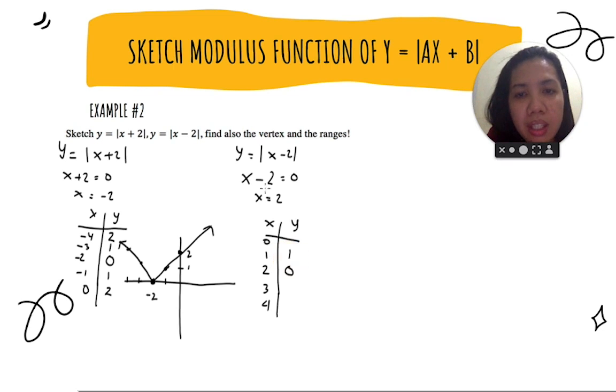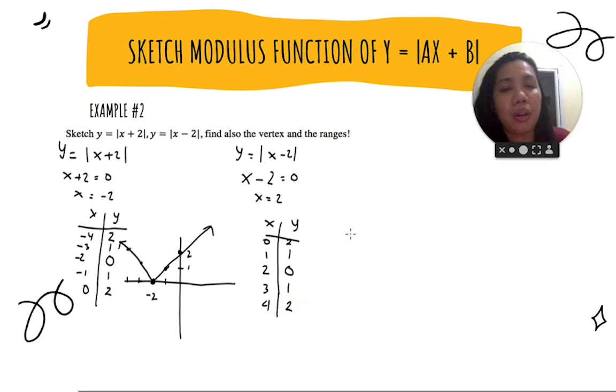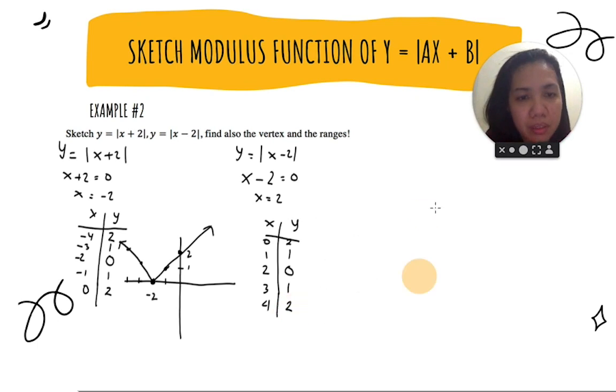Then 0 minus 2 is minus 2, and because of the absolute value, we have positive 2. Then 3 minus 2 is 1, and 4 minus 2 is 2. Now let's plot these points into the Cartesian diagram.